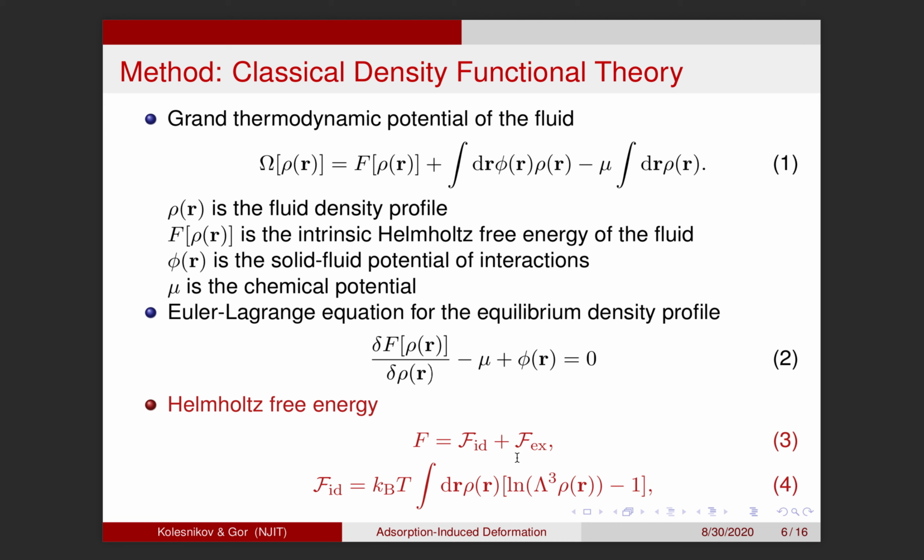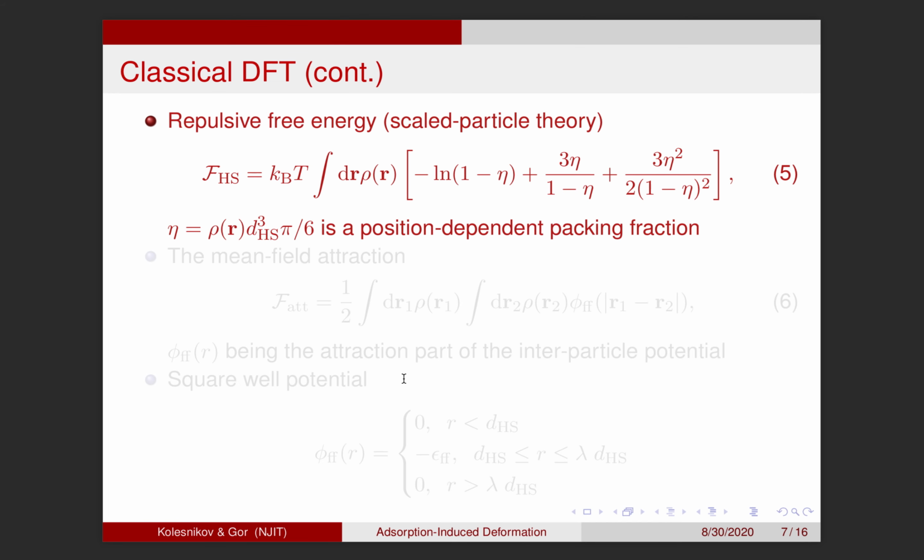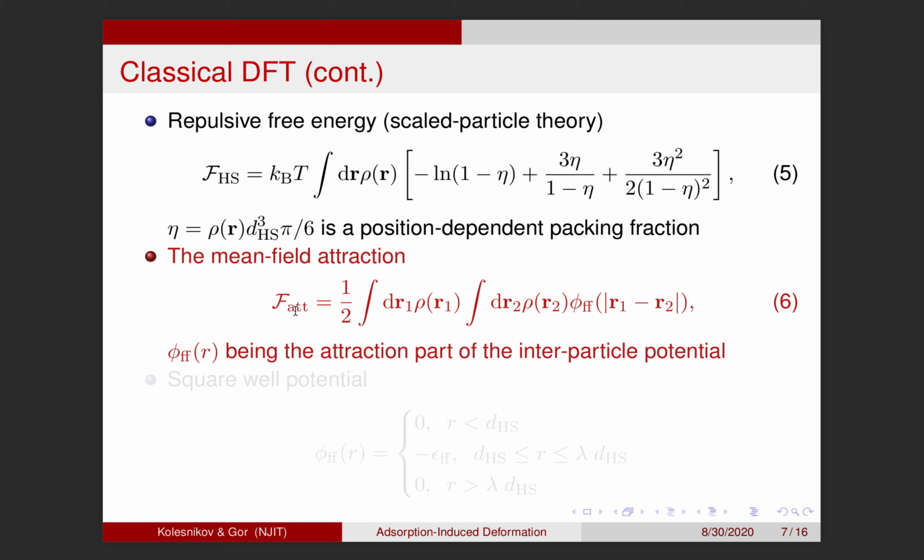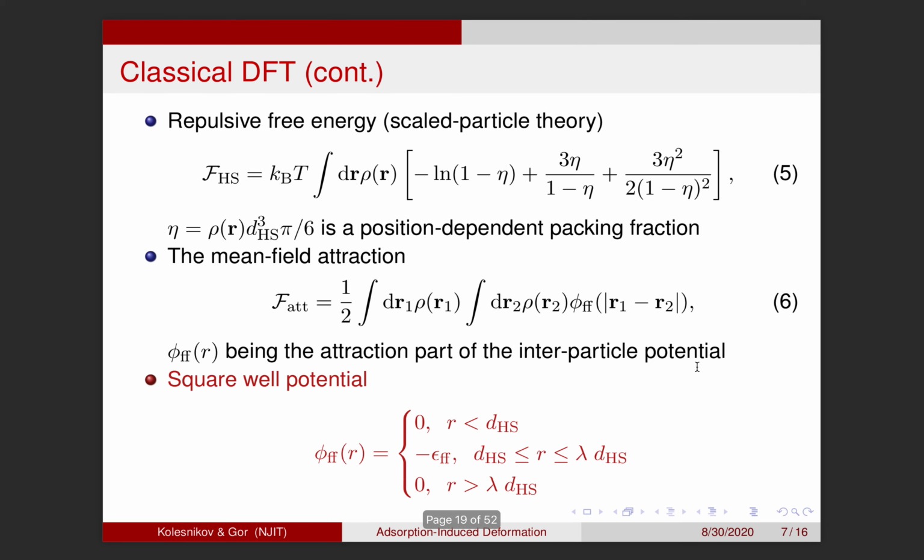The ideal term is given by the simple local expression, and the excess term is given by this repulsive free energy, which we take from the scaled particle theory, and the attractive term, which we take in the mean field approximation, where phi_ff is the attractive part of the interparticle potential. And here we assume that our fluid-fluid interactions are given by the square well potential.